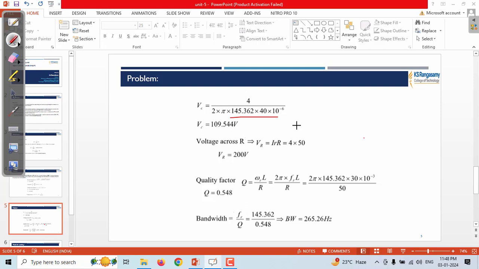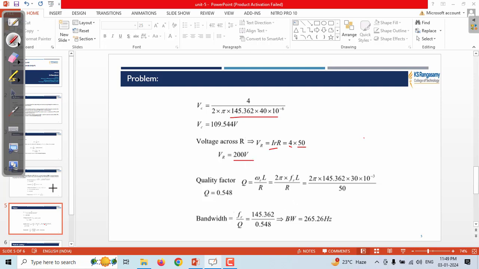By substituting all these values, we can calculate the voltage across the capacitance. Next is the voltage across the resistance, VR, which equals I into R. I is 4 amps and R is 50 ohms given in the problem, so VR is 200 volts.